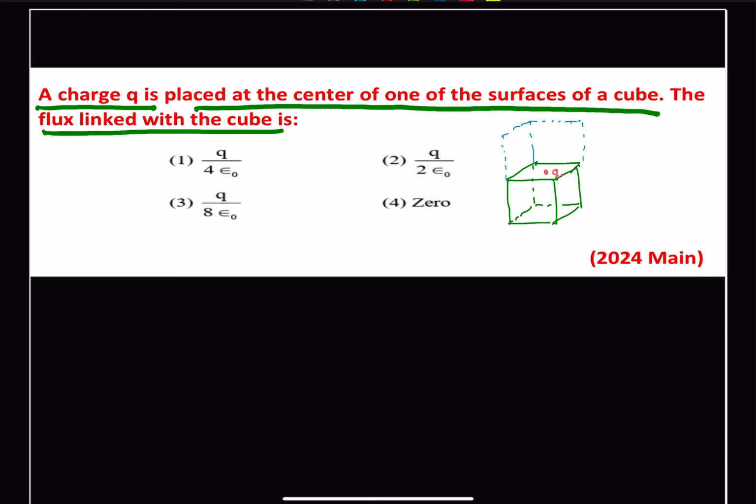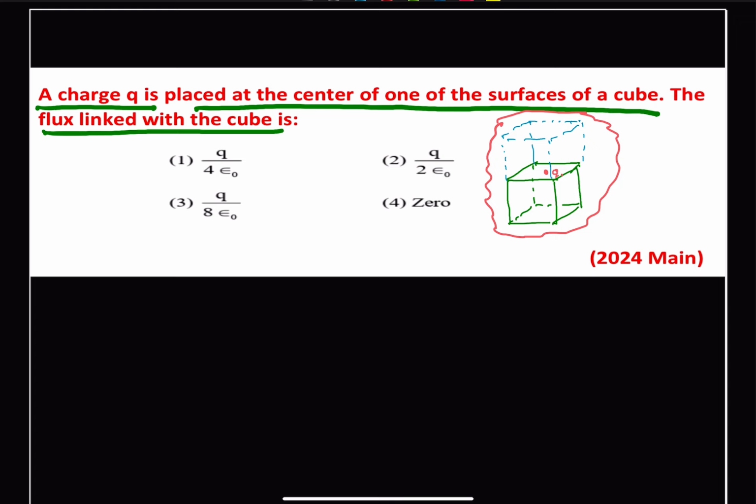Something like this. So now we take a Gaussian surface which is inclusive of this entire thing. So now we have a Gaussian surface in which the charge has been enclosed.